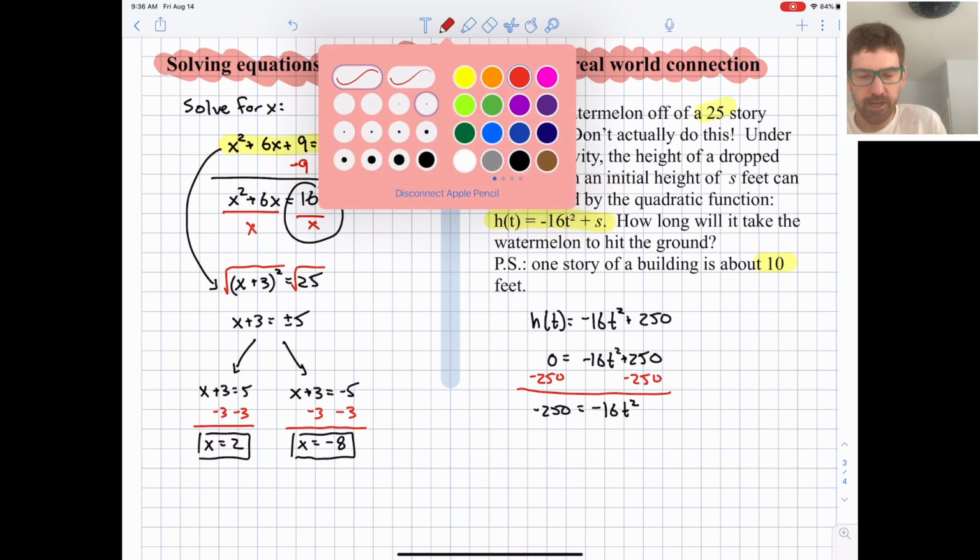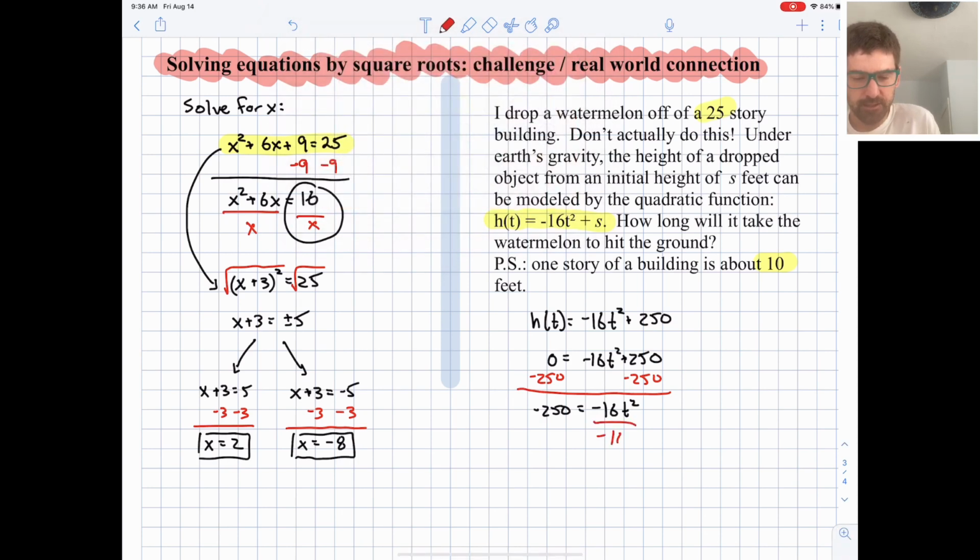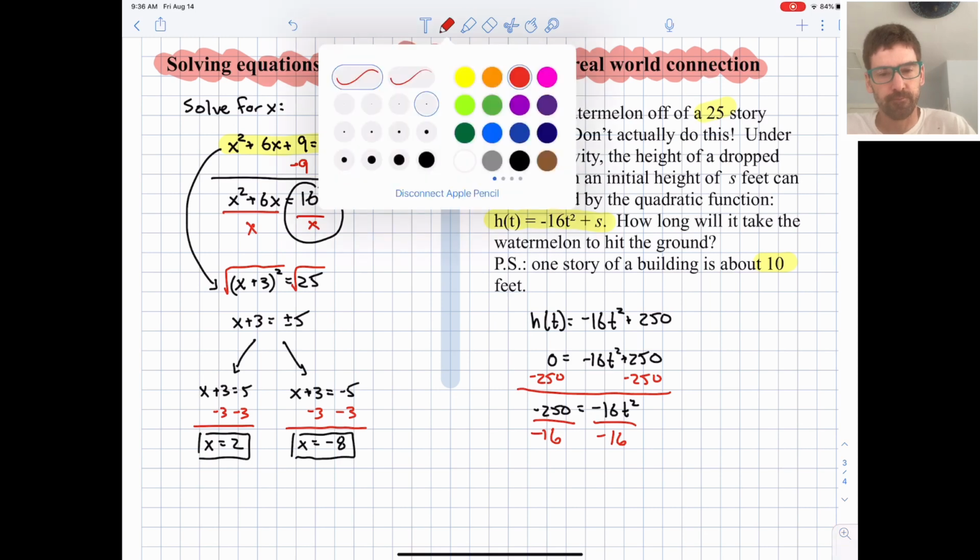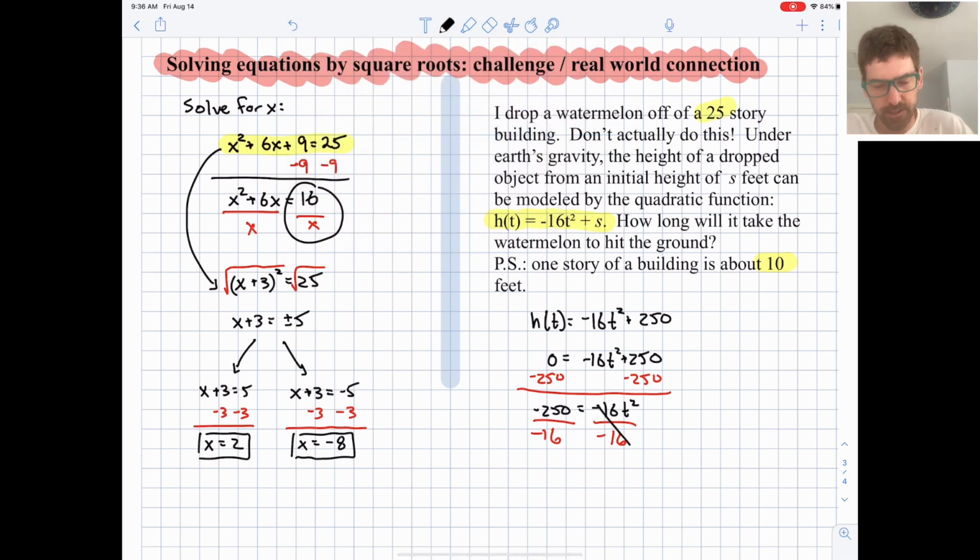Looks like we can divide both sides by negative 16. These guys cancel, and we have t squared equals, what does that turn into on the left? 15.625. Okay, so we need to square root both sides.